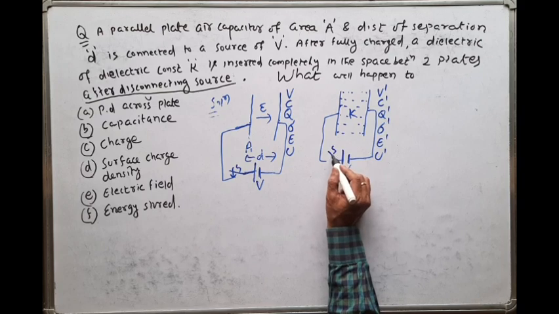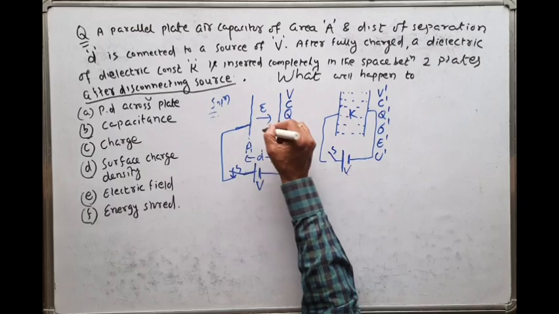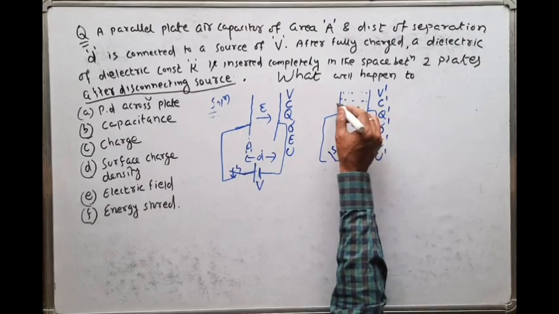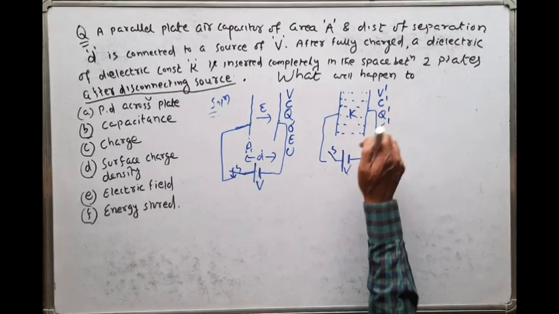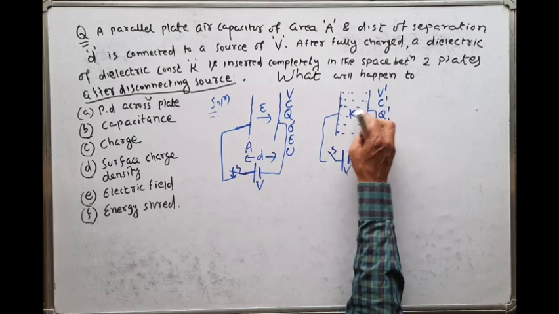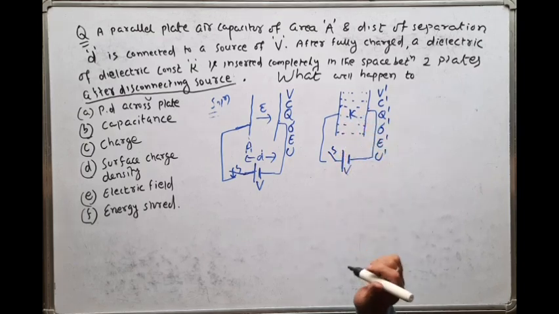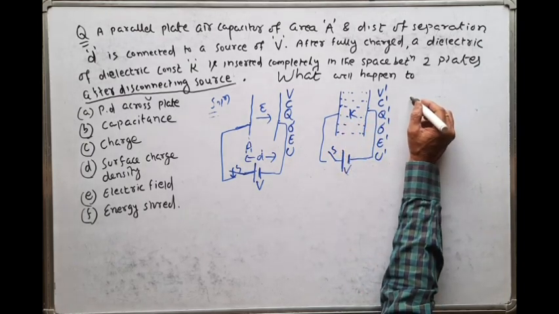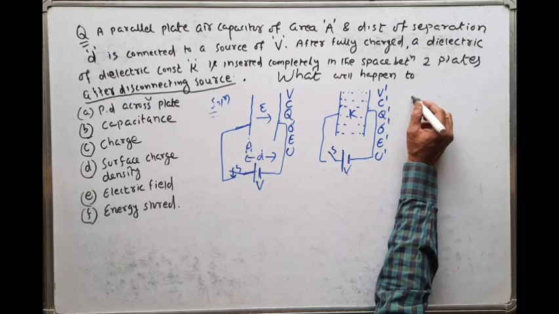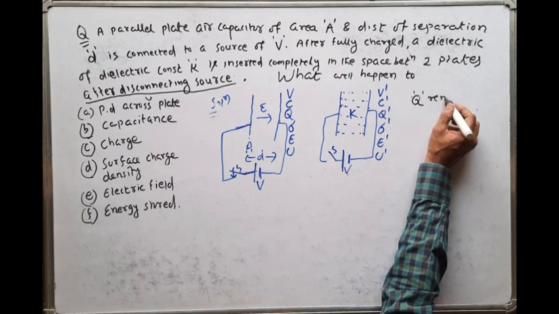If you disconnect the switch, whatever charge was there, that is Q, will remain as it is, because this is an open circuit, and whatever charge is already stored remains. So first we can say the charge remains the same.